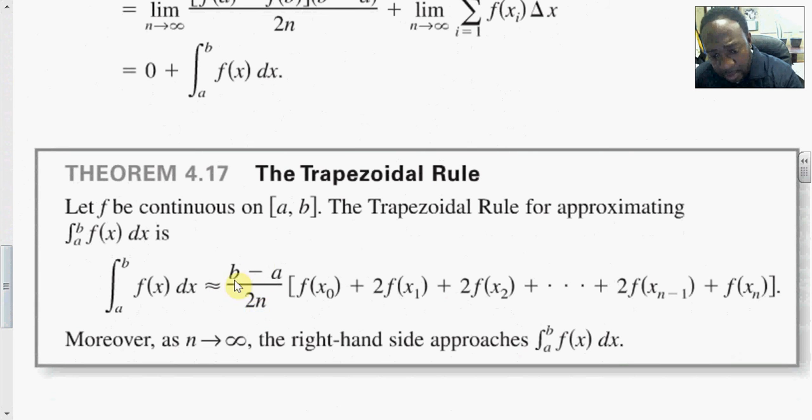Here this becomes the base or the width, times each height of those trapezoidal measurements. We take individual slices of those trapezoids and sum them up. As n goes to infinity, the right hand side approaches the integral.